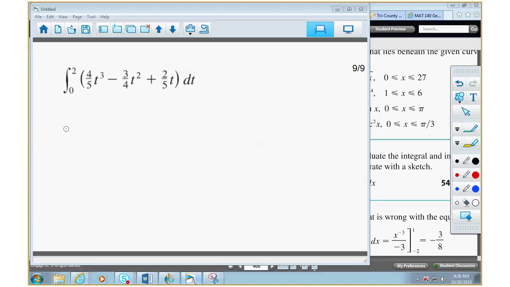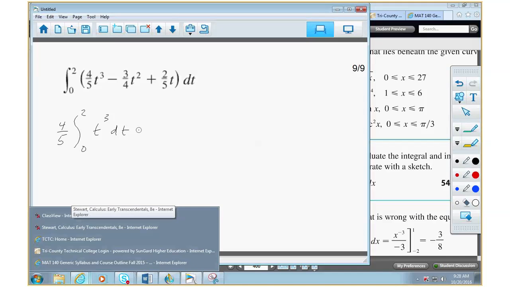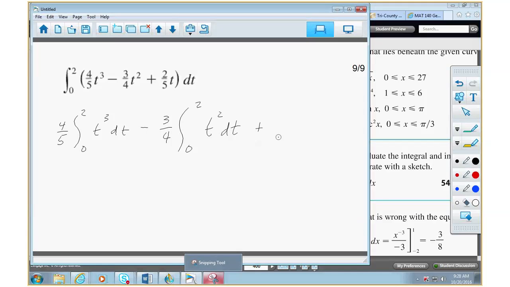So I'm just going to put the 2 and the 0 there, and I'm going to pull the 4/5 out, and that's going to leave me the t to the third dt minus 3/4, 0 to 2, t squared dt, plus 2/5 antiderivative from 0 to 2 of t dt.